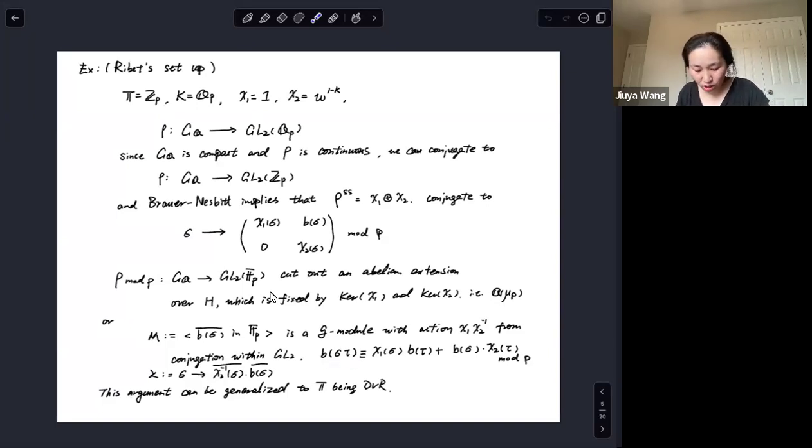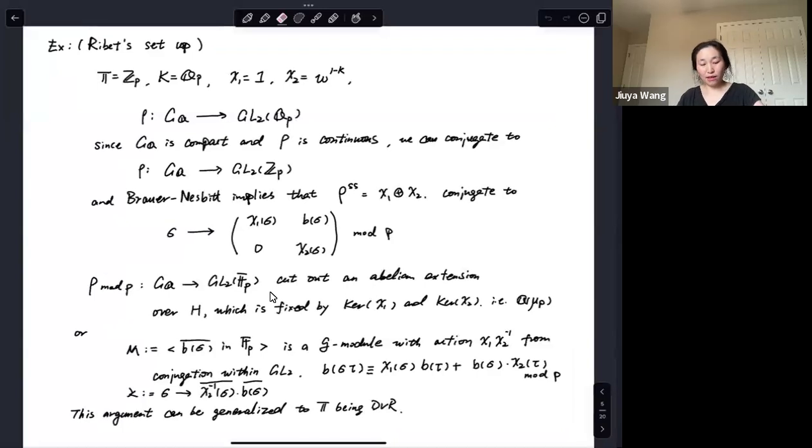By doing the matrix multiplication directly, the b component has a congruence relation mod p. By multiplying both sides with chi1, chi2 inverse, you can see that this gives you a G-module with action chi1 chi2 inverse, and kappa, which maps sigma to b of sigma times chi2 inverse of sigma, is a well-defined one-cocycle.